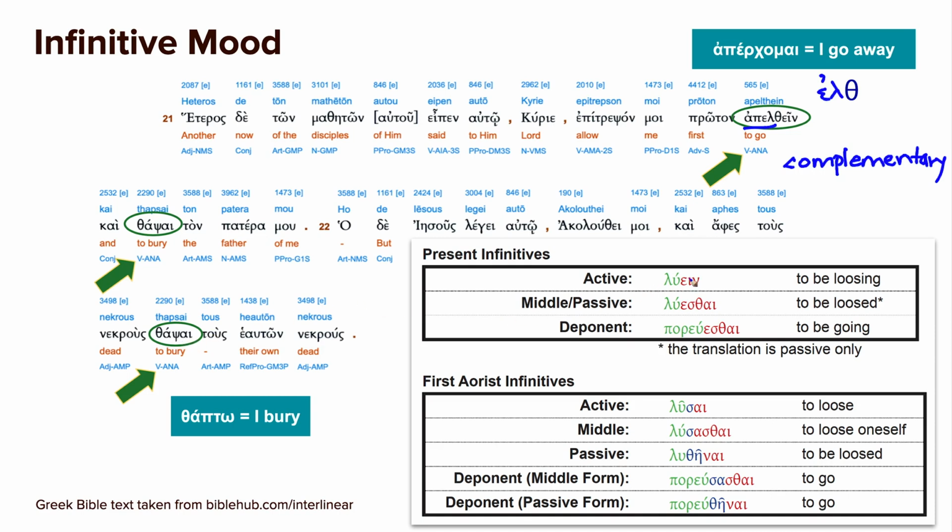All right, so let's look at these forms over here. You have two different types of infinitives, present infinitives and aorist infinitives. And this is first aorist, indicating this is not the irregular form of the aorist. First aorist is kind of a clue saying these are the regular forms. There are irregular forms called second aorist. We'll talk about those another time.